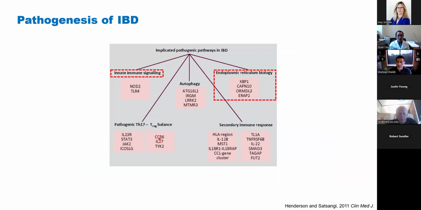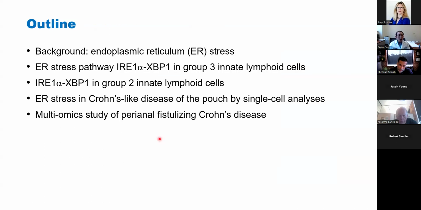Studies in the past 20 years identified multiple pathways involved in the pathogenesis of IBD, including the innate immune responses, as well as an organelle called the endoplasmic reticulum, or ER, which is present in most mammalian cells. My research has been specifically focused on the interaction between the innate immune signaling pathways and the endoplasmic reticulum biology. So this is the outline of my talk today.